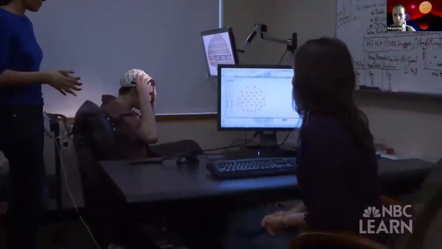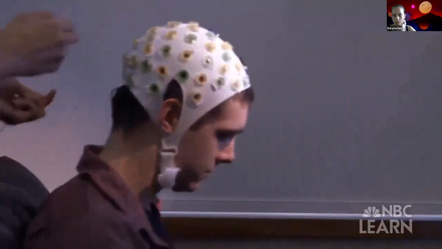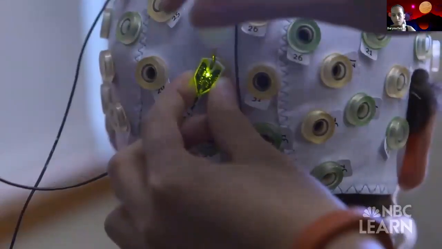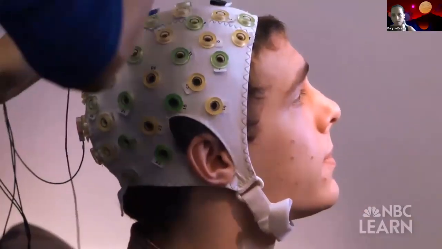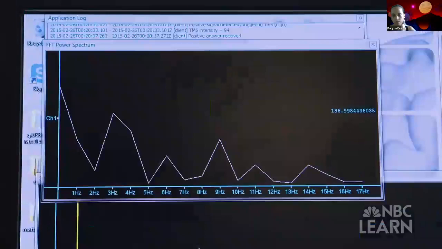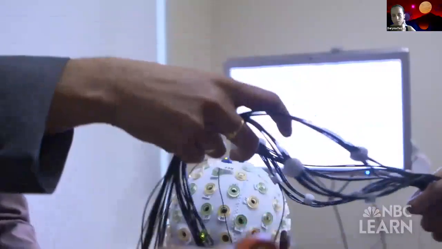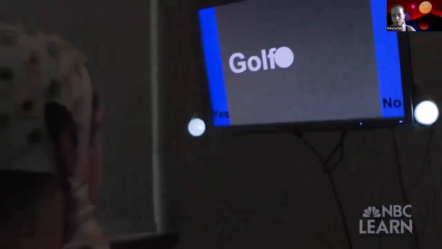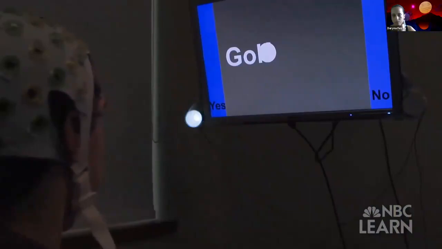To demonstrate how this technology works, Rao and his team of students use a BCI that allows them to study nonverbal communication. First, the student is fitted with an electroencephalogram, or EEG cap, which is a series of electrodes placed on the scalp to record brain signals. When a question appears on the monitor, the student answers yes or no by looking at one of the flashing lights, which are blinking at different frequencies.